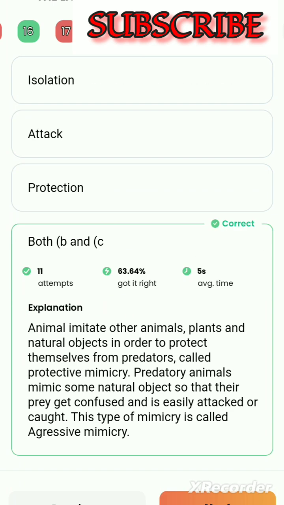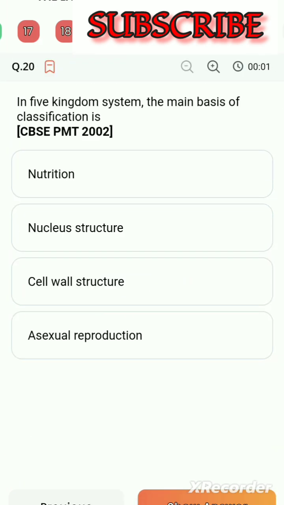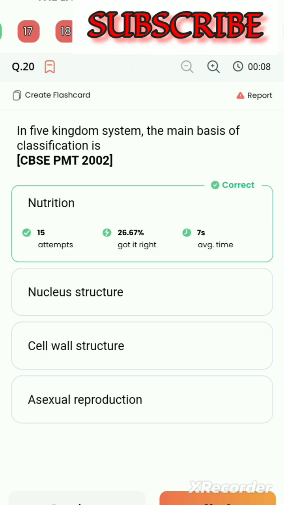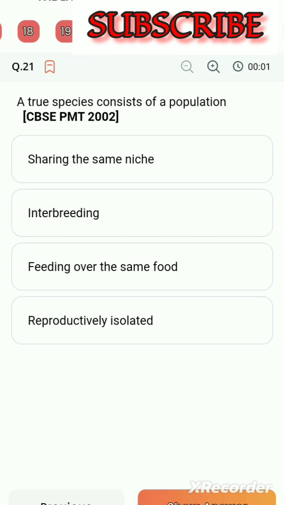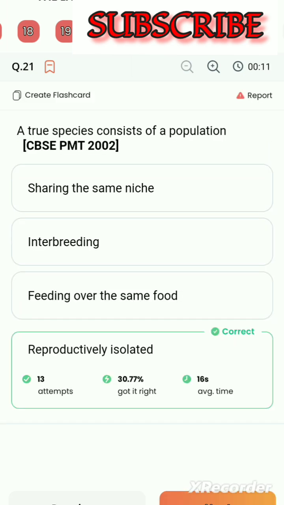Question number 20, in the 5 kingdom system, the main basis of classification is nutrition. Based on that only the 5 kingdom classification system was undertaken. True species consist of populations that are reproductively isolated.